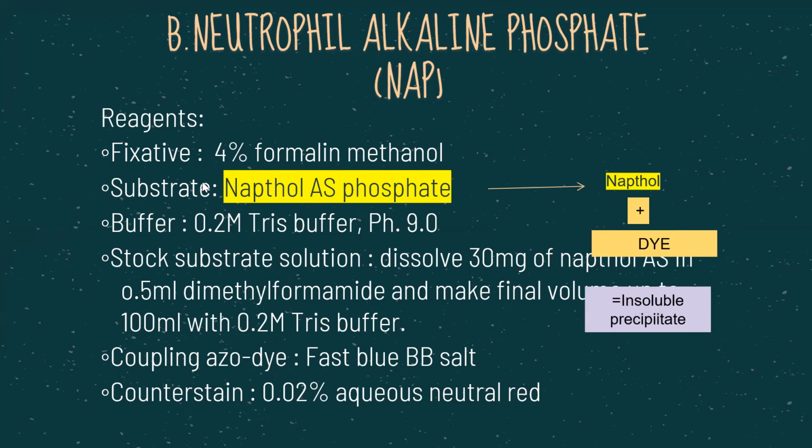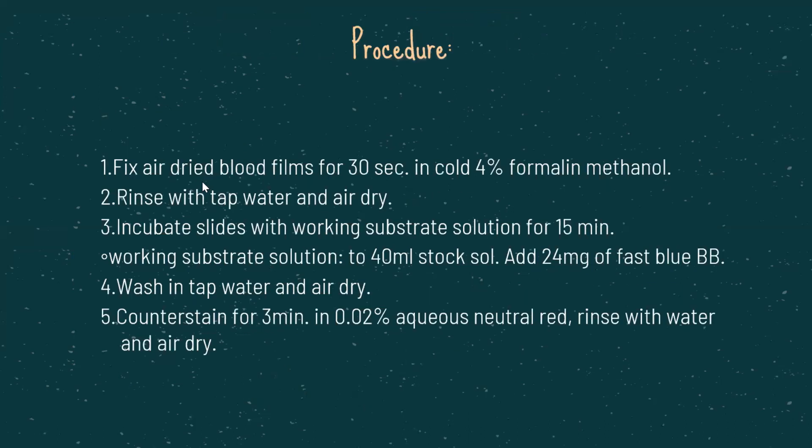Yeah. So using the substrate, naphthol phosphate. Okay. So you have your naphthol plus the dye. Okay. It produces an insoluble precipitate, okay, that you can find inside the leukocyte. So yun yung nag-perform ng color.